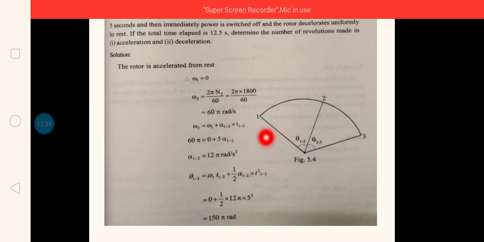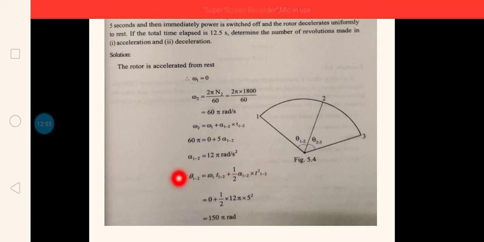Now the next equation is theta equals omega 0 t plus half alpha t square. So theta 1 2 equals omega 0 t 1 2, where t is 5 seconds, plus half into alpha 1 2, which we got as 12 pi, and t is 5 seconds.